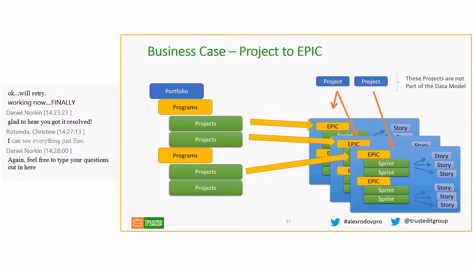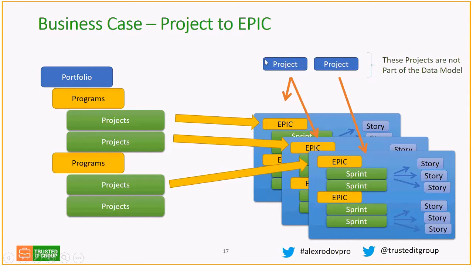Let me show you this. Projects are linked to epics, and under epics you would be able to see sprints and stories. Each sprint or story would also have all their tags and attributes associating them to certain versions or features. At this point, the project on the agile side would not participate in the data model.